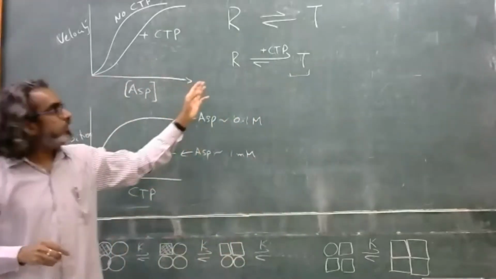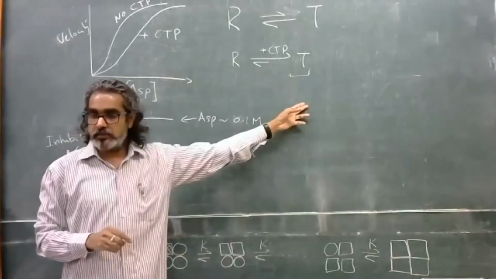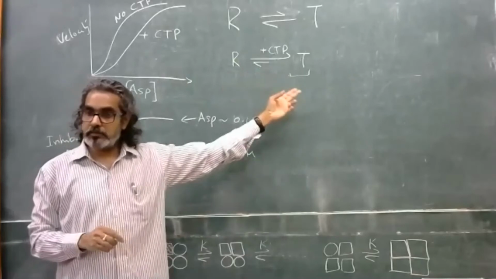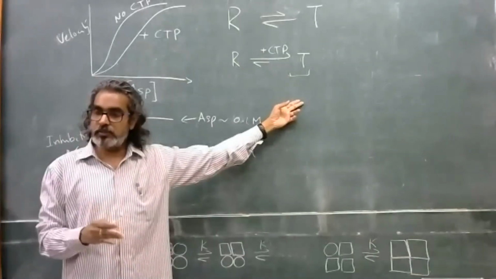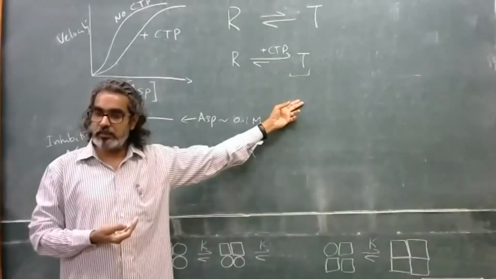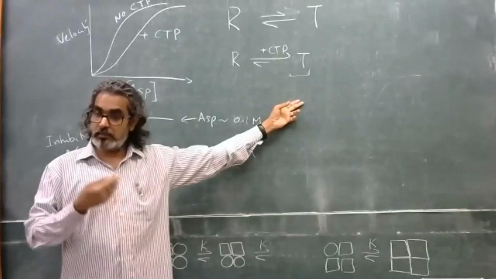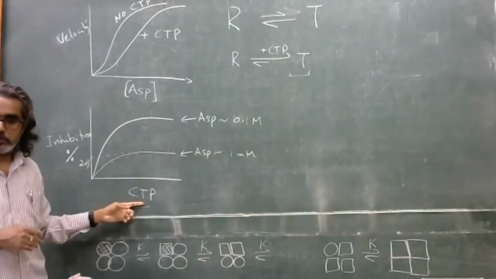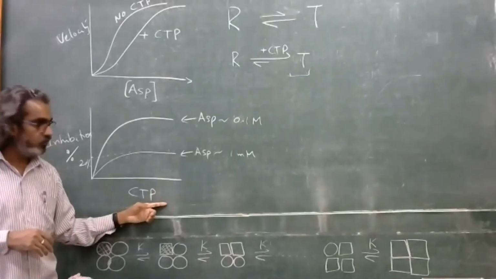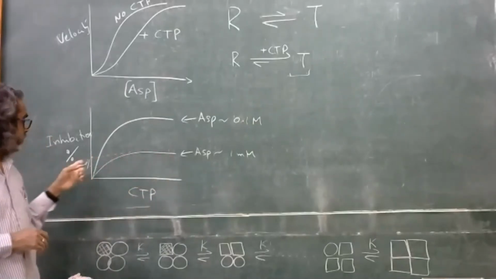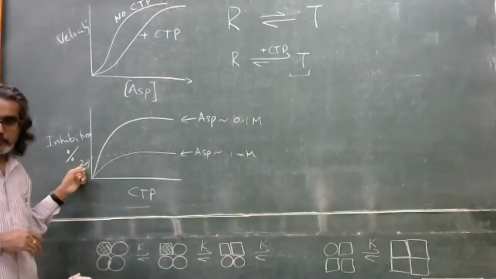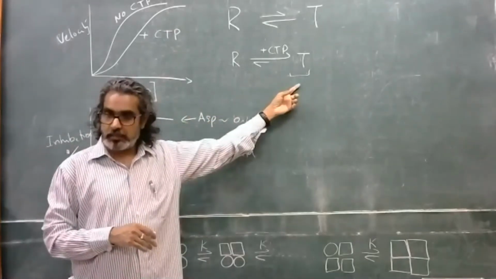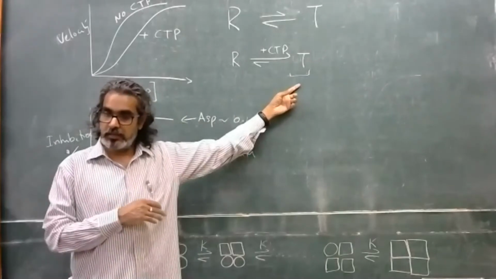Though you completely shift to this, though aspartate prefers R, it can bind to T as well. The only thing is it has a lower binding constant, but nevertheless it binds. So even if you have a very high concentration of inhibitor, the inhibition is not 100% because the enzyme is able to catalyze even in this state.